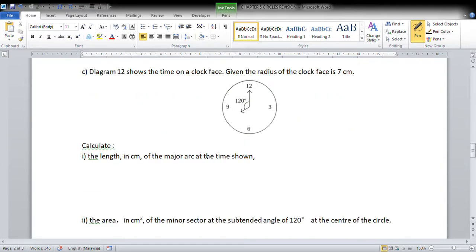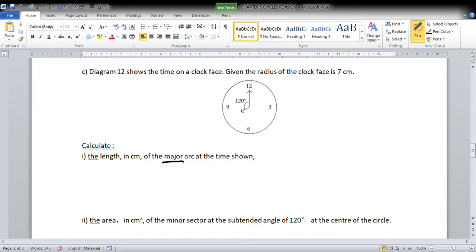Okay, let us continue with question C. The diagram shows the time on the clock face. Given that the radius of the clock face is 7 centimeter, maybe you can mark here that the radius is 7 centimeter. Question number 1: the length in centimeter of the major arc at the time shown.